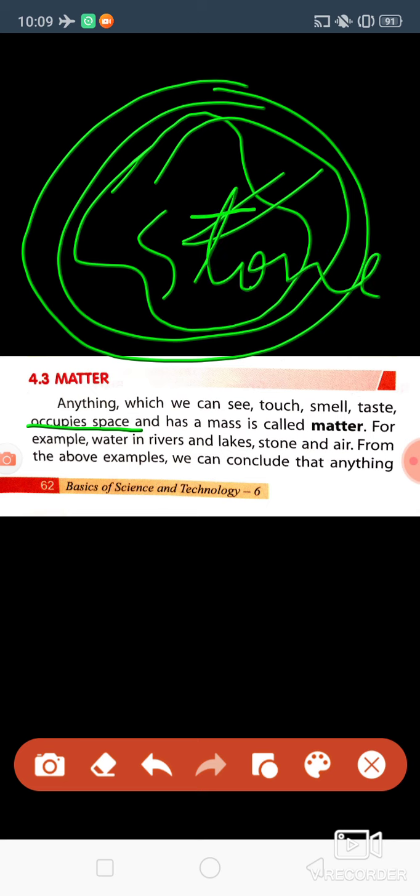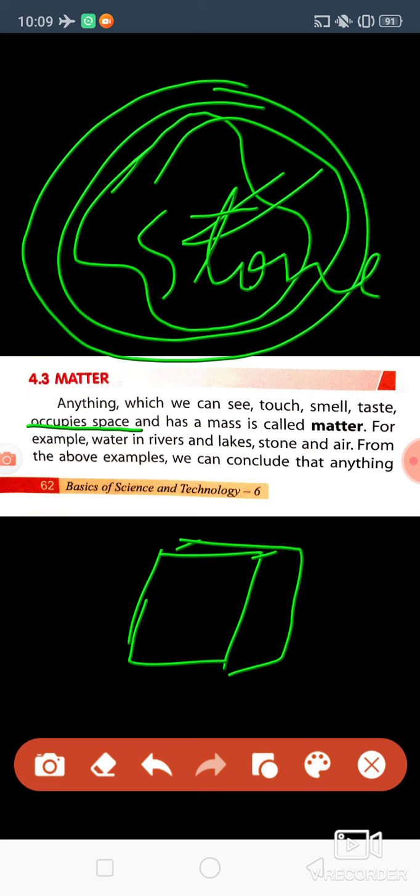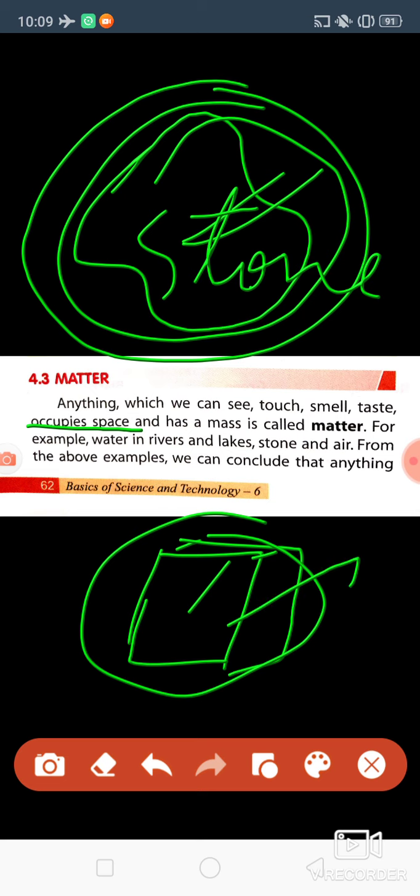Any example you take. Suppose you take the example of a book, this much thick book. We can see the book. If you measure it, it will have some mass, suppose 100 gram or 50 gram or 250 gram.